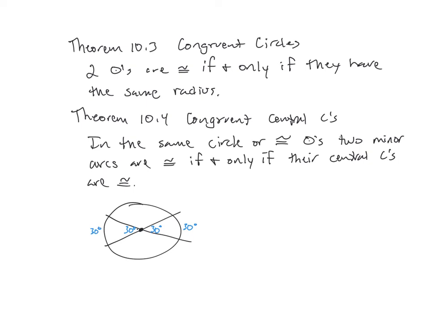You can figure out that these arcs along the outside are both 30, so they're going to be congruent because you know that the angles in the middle are congruent. So trying to memorize this theorem is information that I think we can eliminate, because with some very easy logic, we know it's true. We don't need to have it to use for other things.